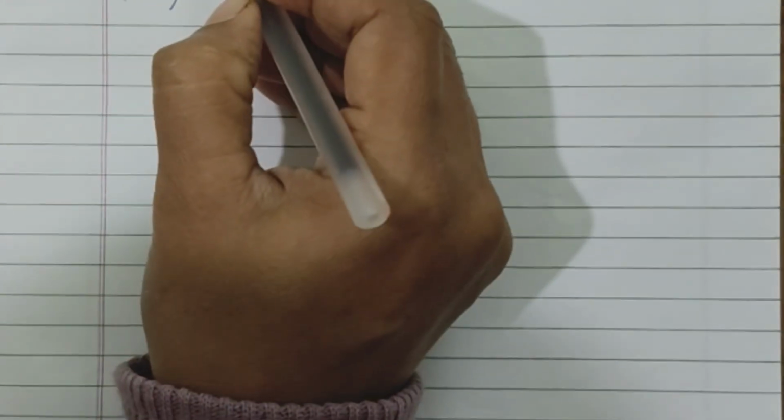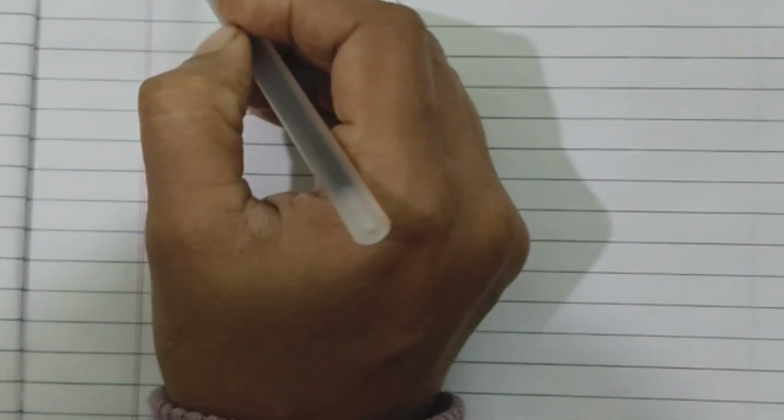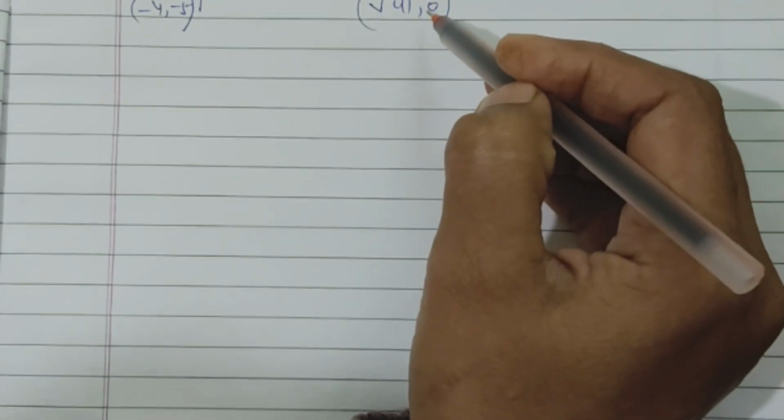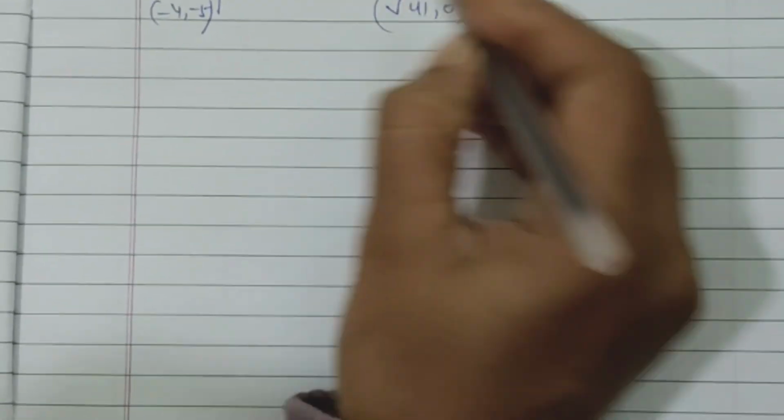This will be positive, obviously this will be on this side, and 0 is the center. You see, out of these 4, this one is the nearest point because this is getting the perpendicular distance. You can also apply the distance formula, but by diagram it is more clear. That's why this point is the nearest point to this given point. Okay, so option B is the correct one.